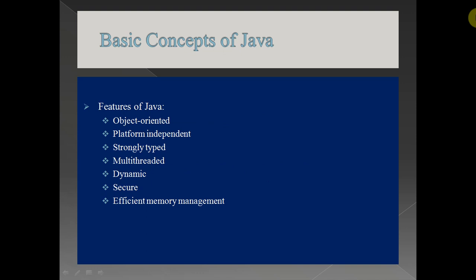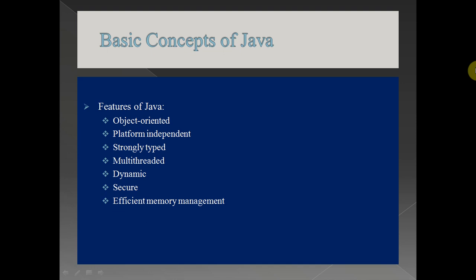So in summary, these are the features of Java: object oriented, platform independent, strongly typed, multi-threaded. Multi-threading will be discussed in module 2. This is used for multitasking purposes. Dynamic. Java is portable, bytecode can be executed in any operating system.